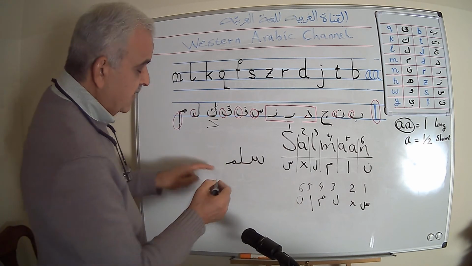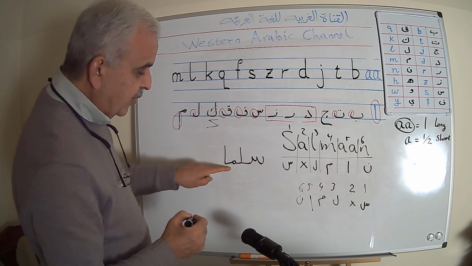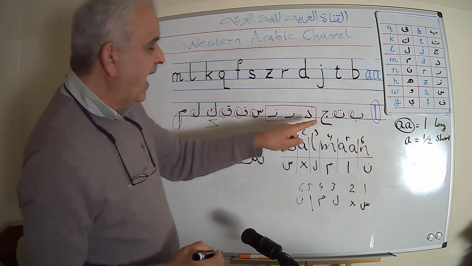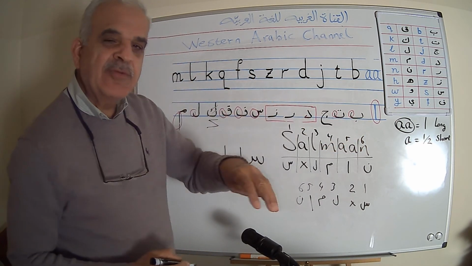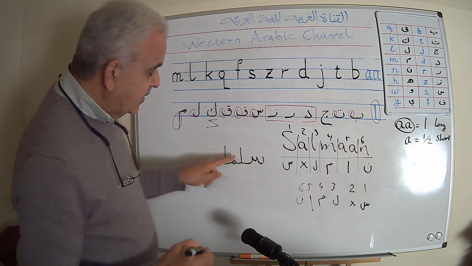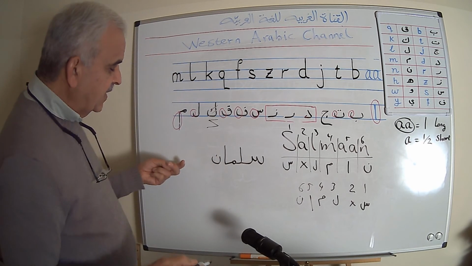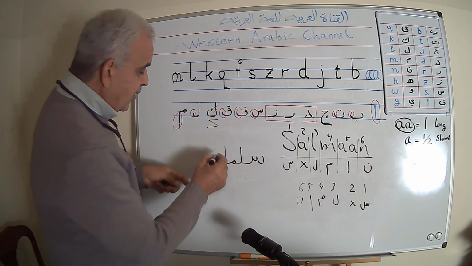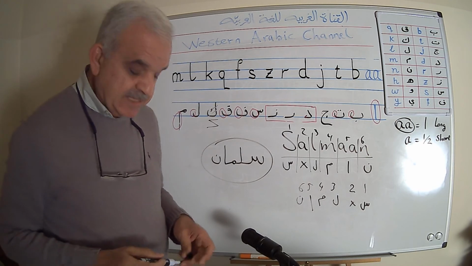The Alif can be connected with the letter before it, but Alif, if you remember, A and dal and ra, they refuse to be connected with the letter after it. So A here refused to connect to N, so N comes alone because nothing is after it, and the A refused to connect with it. So this is the word Salman, or the name Salman.